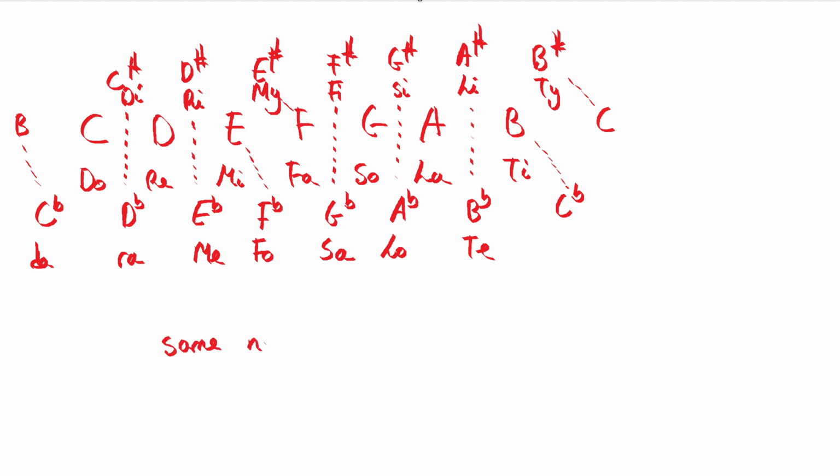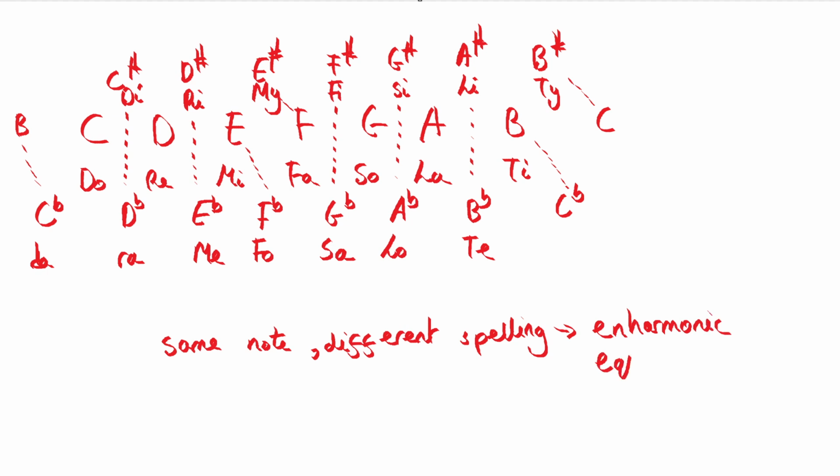So if we have the same note, different spelling, they are called enharmonic equivalents. Okay, which is a very fancy word. Let's finish the remaining exercise.